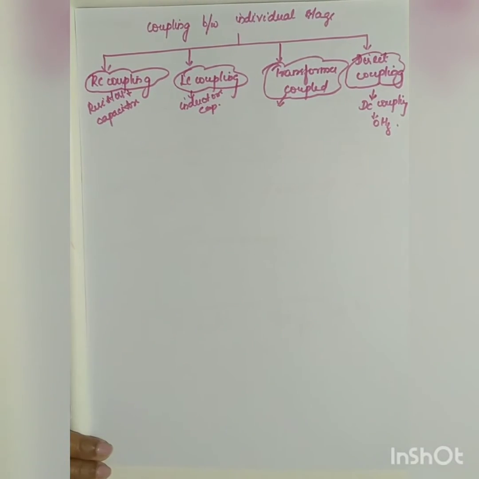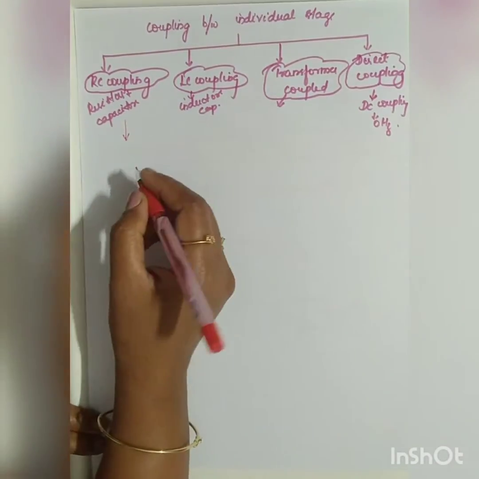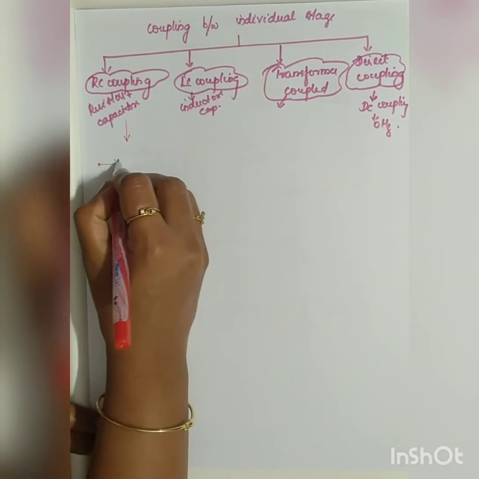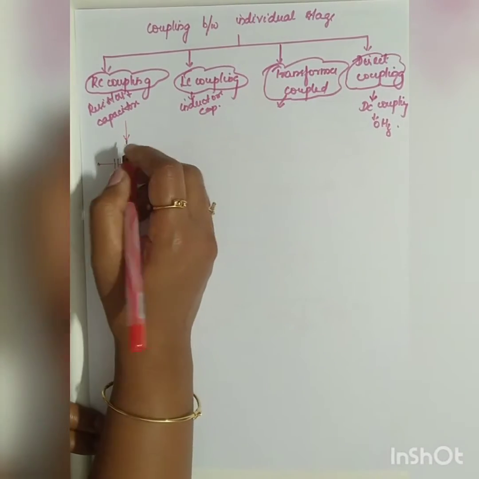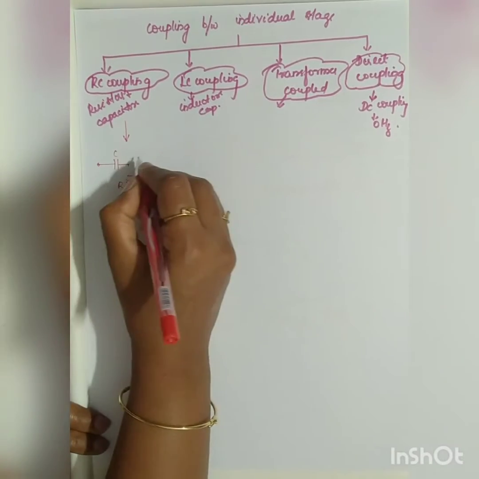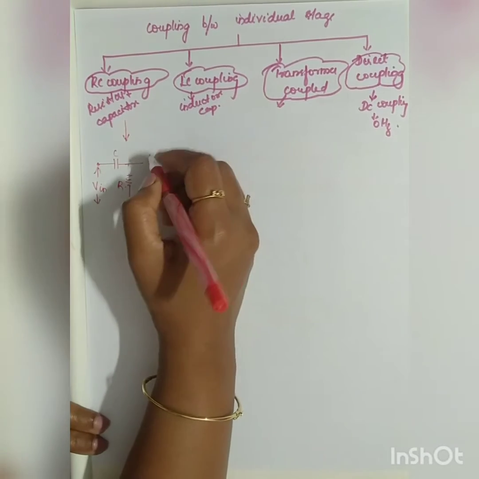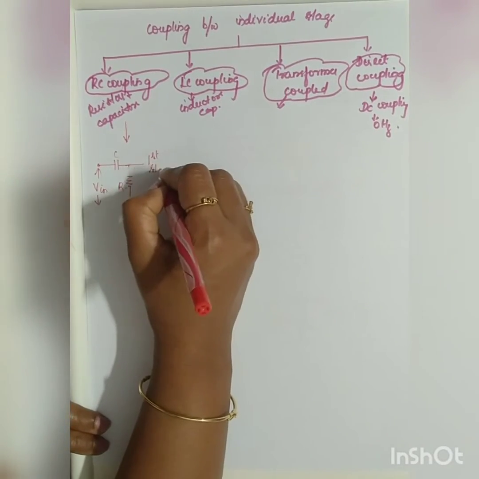The diagram of the RC coupling is given as follows. At the input stage, both your capacitor as well as your resistor will be fed. This will be your V input, which will be given to the first stage.